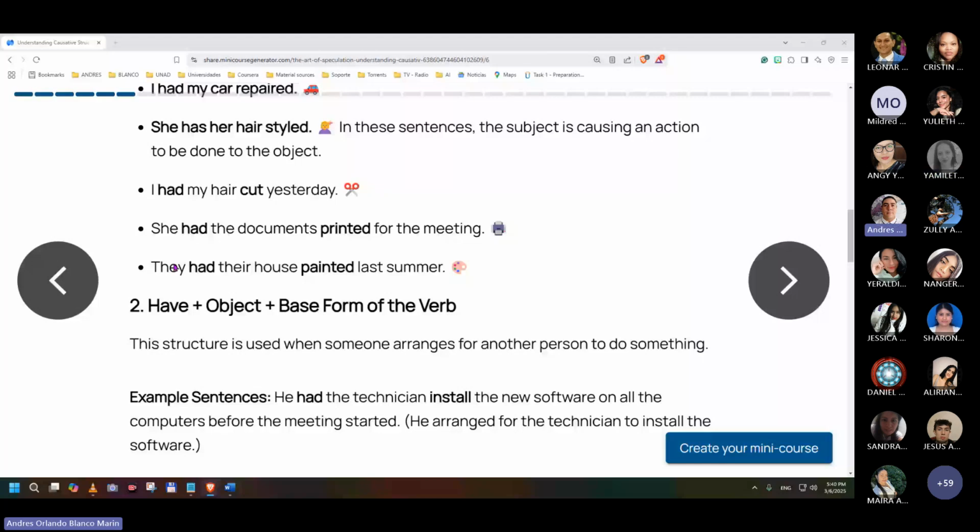And who caused the documents to be printed for the meeting? She. She's the reason. She gave the order. She had the capacity to do it. She paid for the documents. We don't know, but she's the reason that we have documents in the meeting. They had their house painted last summer.